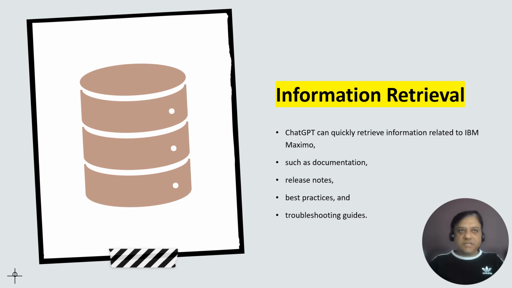You will tell ChatGPT, act as an IBM Maximo expert, and tell me about the details or give me the entire documentation for MAS 8, and you will see that it will start generating the documentation for you, and then however much detail you want you can tell. We'll see how we can do that.